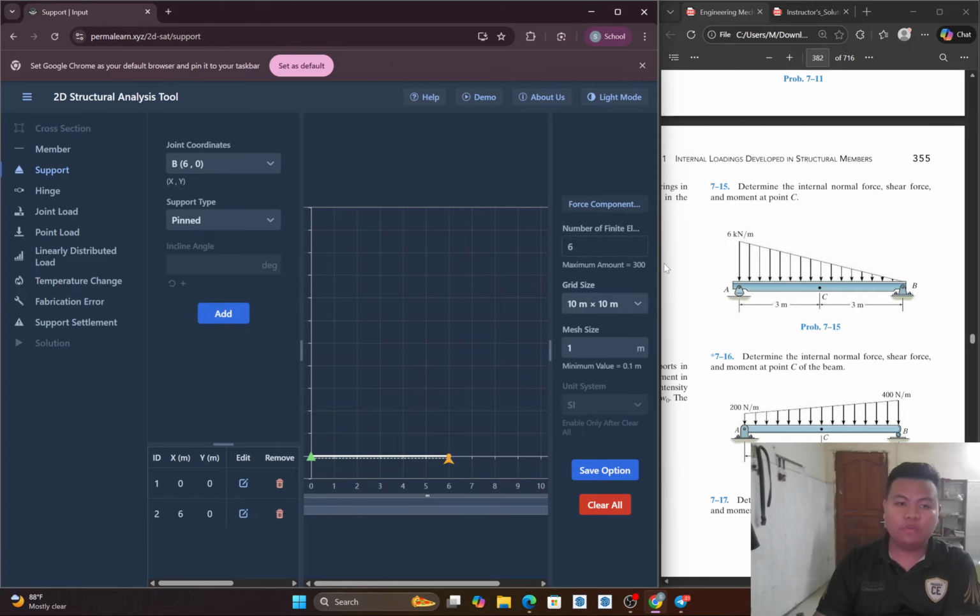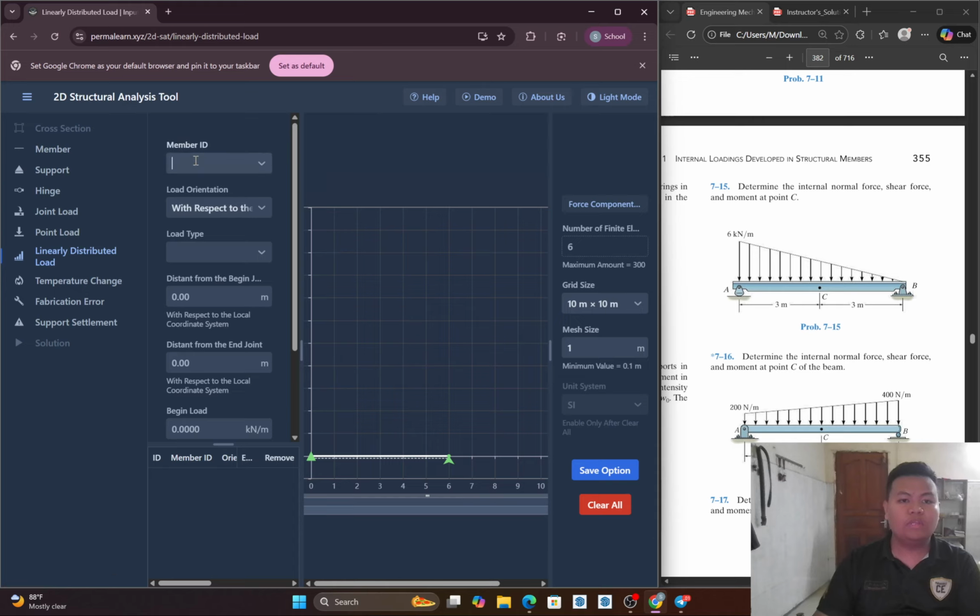So now let's move to the load tab. This exercise has a distributed load, so we click add linearly distributed load and we have to choose our member.